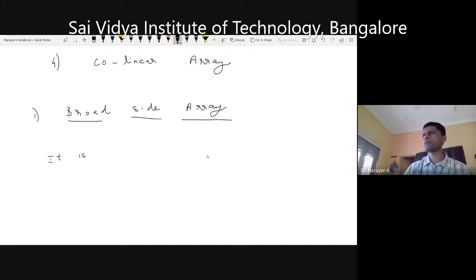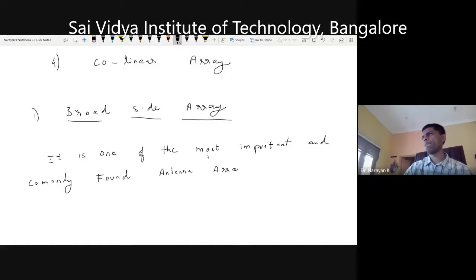Broadside array. It is one of the most important and commonly found antenna arrays.